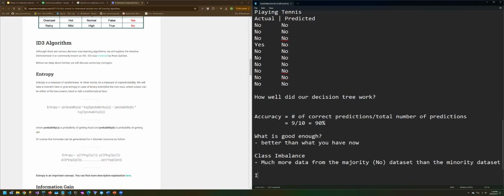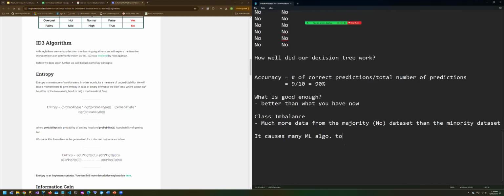And it causes many machine learning algorithms to be biased and predict more towards the majority. And so there are a lot of different techniques to deal with this class imbalance. One of them, the first thing, is to notice that you even have it.